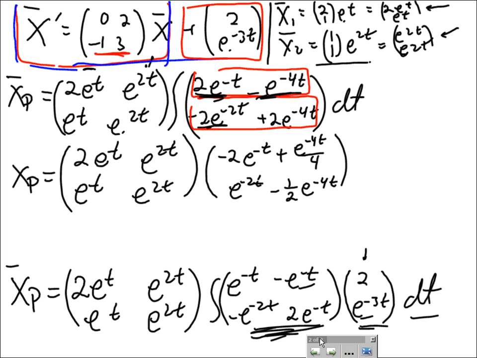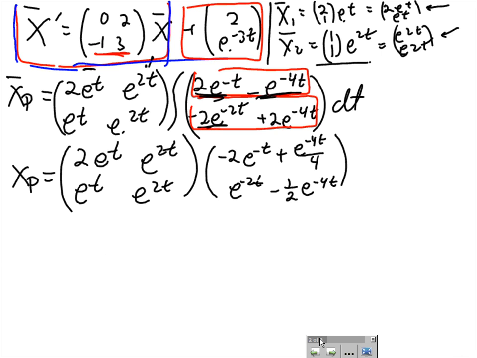Okay. So now we're going to multiply these two matrices. Now remember, this is just one term. So I multiply this row with that column. And I get that x_p is -4 minus 1/2 e to the -2t.